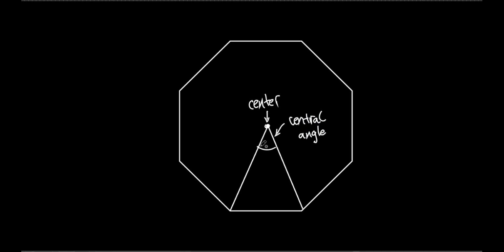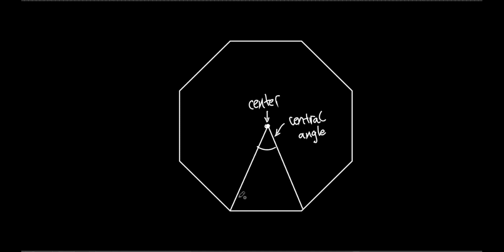Because the vertex of that angle is where? It's at the center of the polygon. Everybody see it? Okay? So is this a central angle right there? No, that's not a central angle because the angle is at a vertex. This is a central angle right here because the vertex of that angle is at the center of the circle. So that's pretty important.